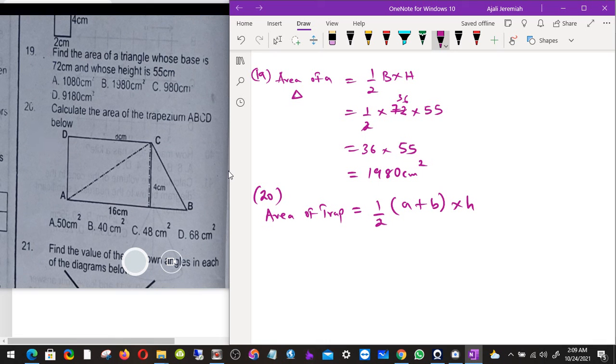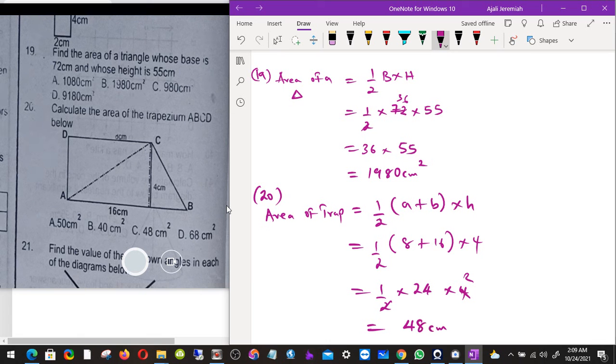Then the height is 4, so that gives us 1/2 times 8 plus 16 times 4. And that's 1/2 times 24, 24 times 2 gives us 48 centimeters square.